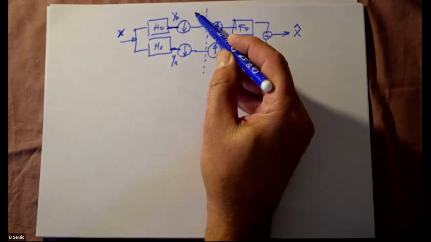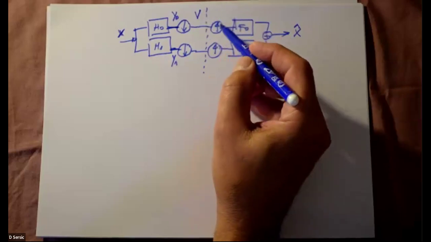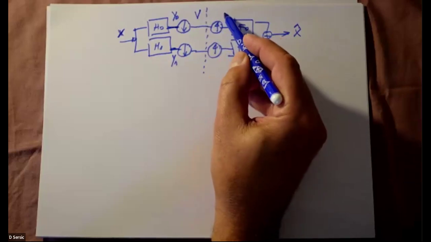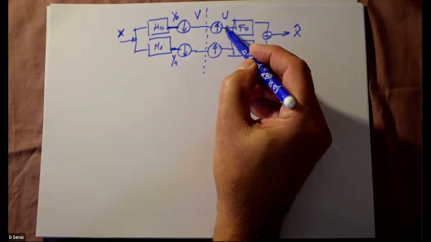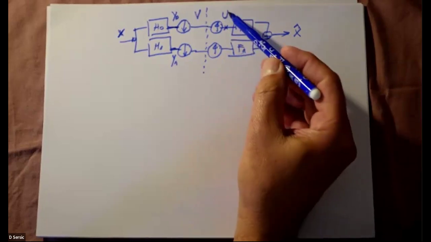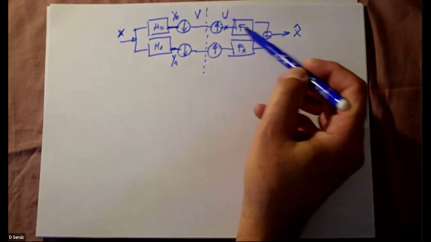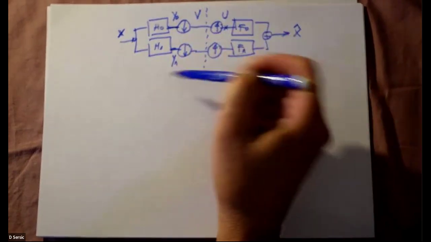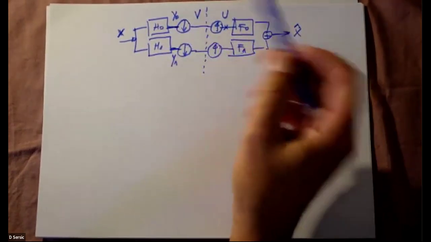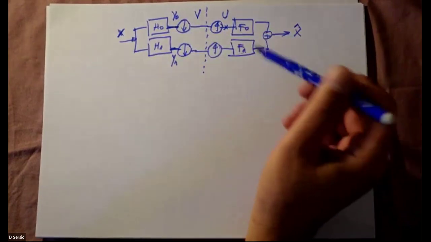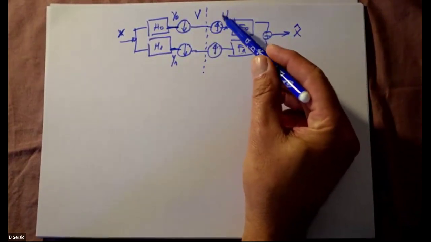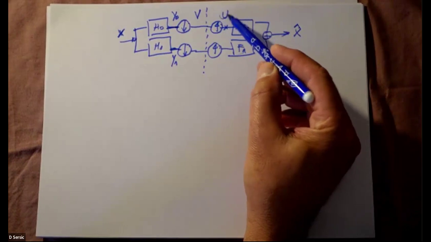It was V, and after inserting zeros, we had U. Notice that we need U to calculate the overall frequency response or the response in the time domain.